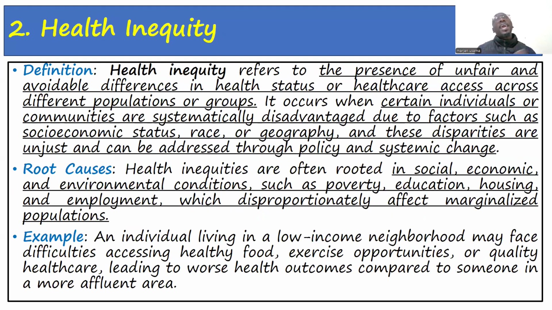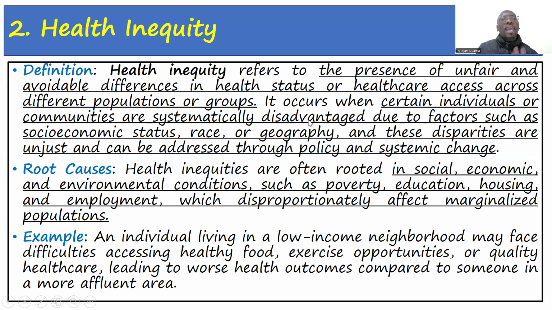Number two, health inequity. This is the opposite of what we have just discussed. So health inequity refers to the presence of unfair and avoidable differences. Avoidable differences meaning that the system is the one that is creating the difficulty or the barrier in health status or health access across different populations or groups.